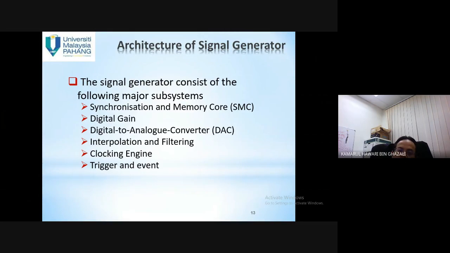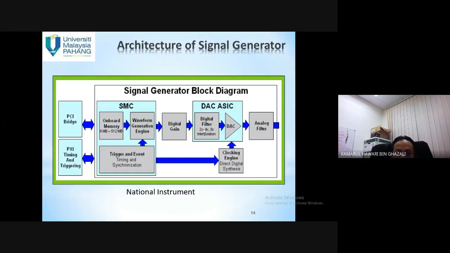The signal generator consists of the following major subsystems: synchronization, digital gain, digital to analog, interpolation, clocking, trigger and event. So this is the block diagram of the signal generator from National Instruments. You have the PCI bridge, timing and triggering, DAC ASIC, analog filter, clocking engine, and so on.